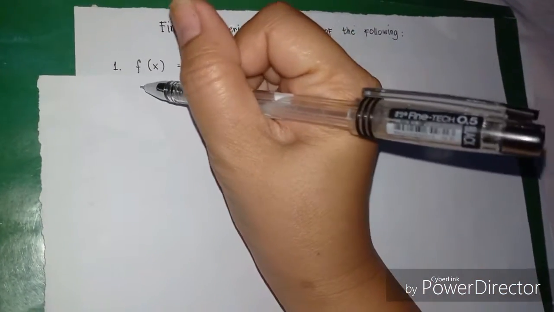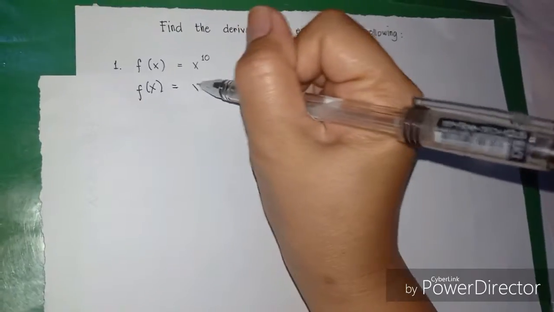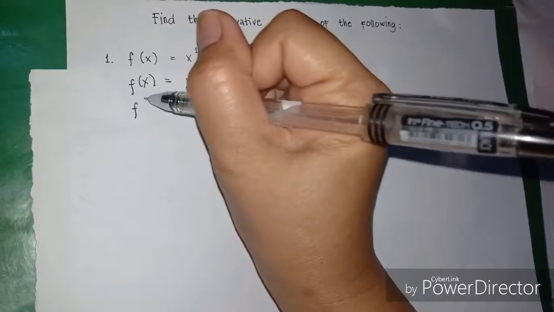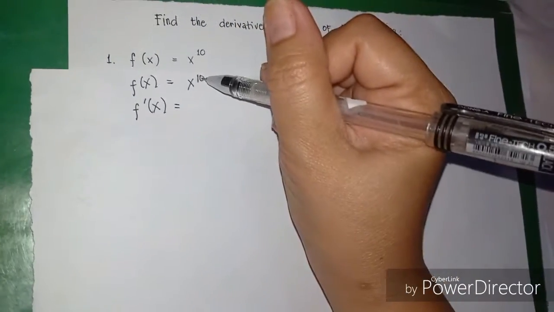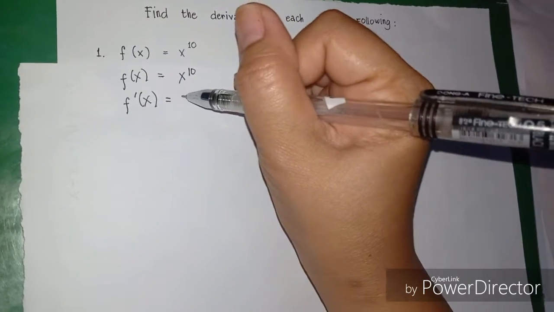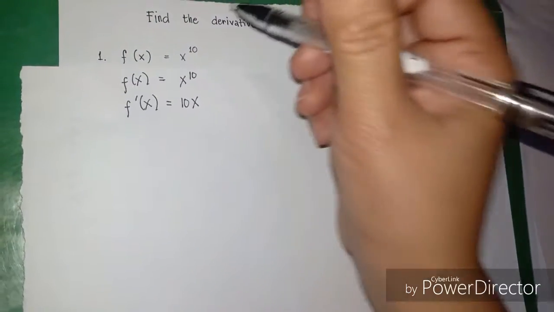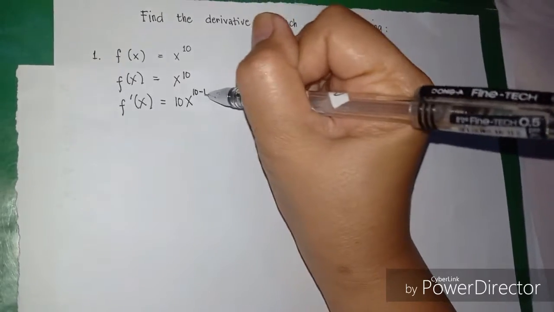So we have here f of x is equal to x to the 10. The derivative of this function is simply equal to, you can drop the exponent in front, so you have here 10x, then you reduce the exponent by 1, so you have 10 minus 1.